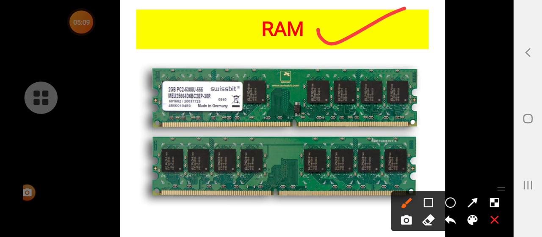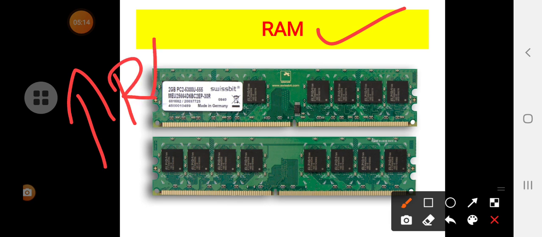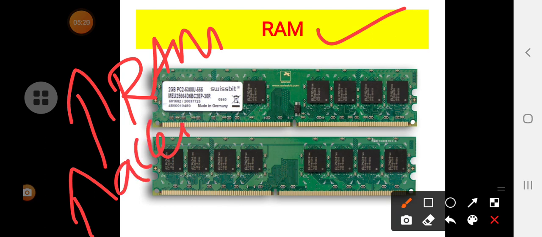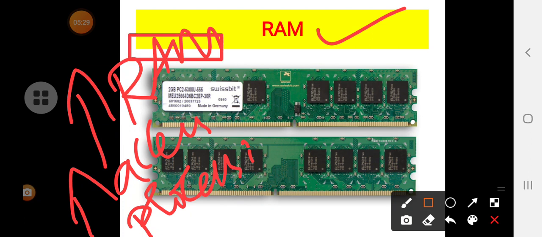If the RAM speed is more, then the accessibility and everything related to processing is more. Processing speed is more.